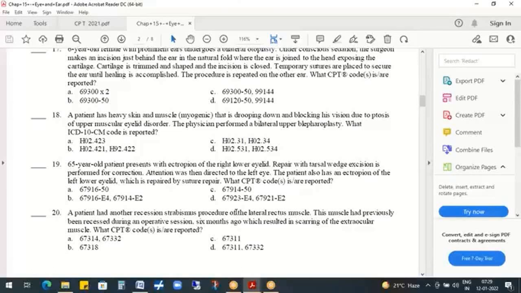Can you read the code description? 67916, repair of entropion, excision, tarsal wedge. But if you see the question, ectropion repair is performed.